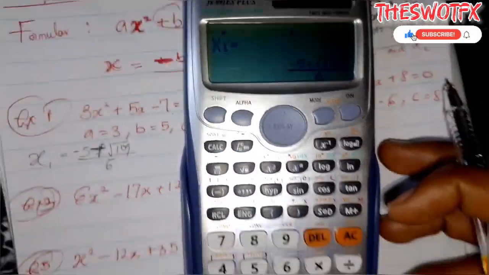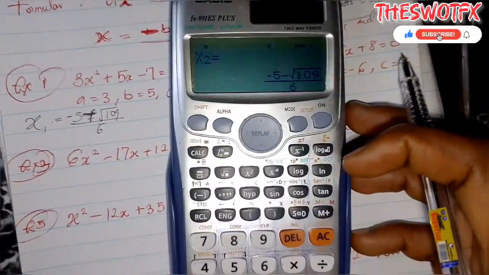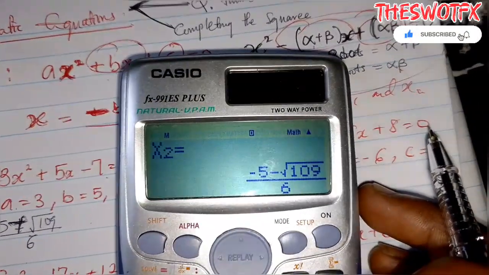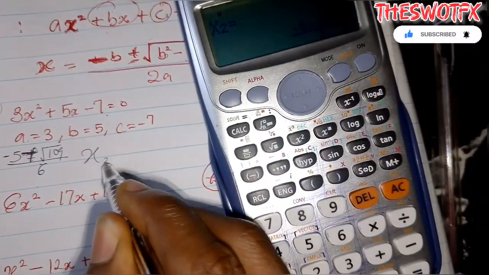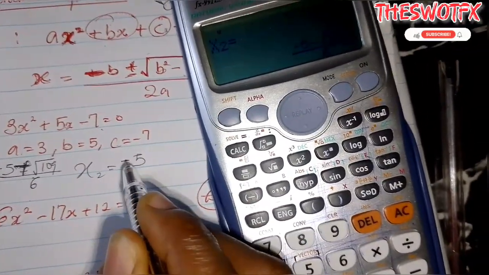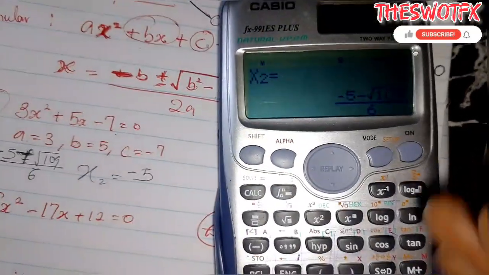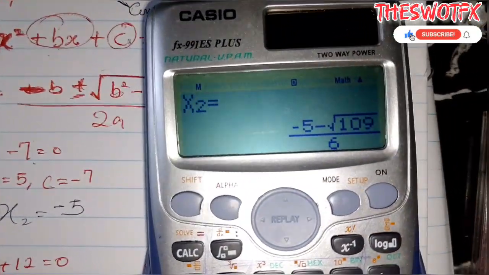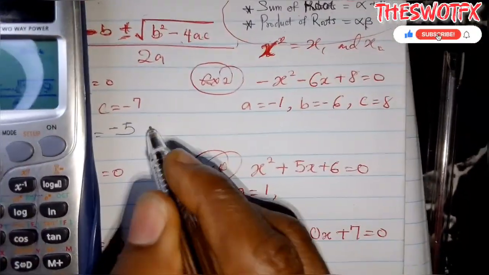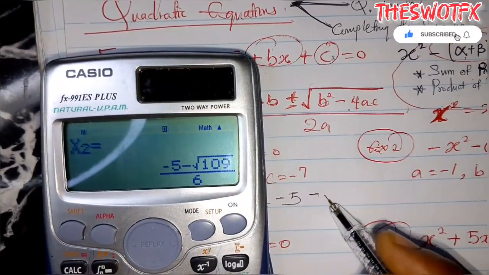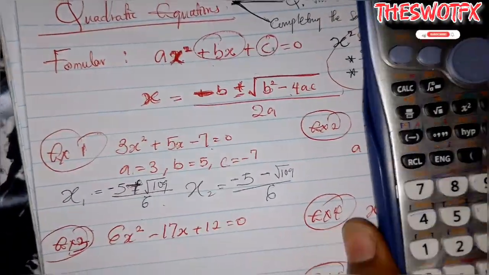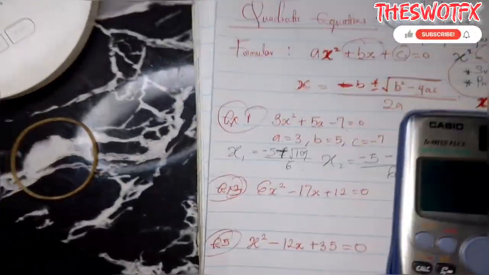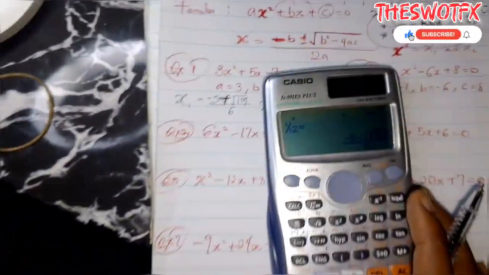We press the equals button again, and it gives us x2. x2 is equal to minus 5 minus the square root of 109, all over 6. Now can we see? So let's take a look at the other questions.